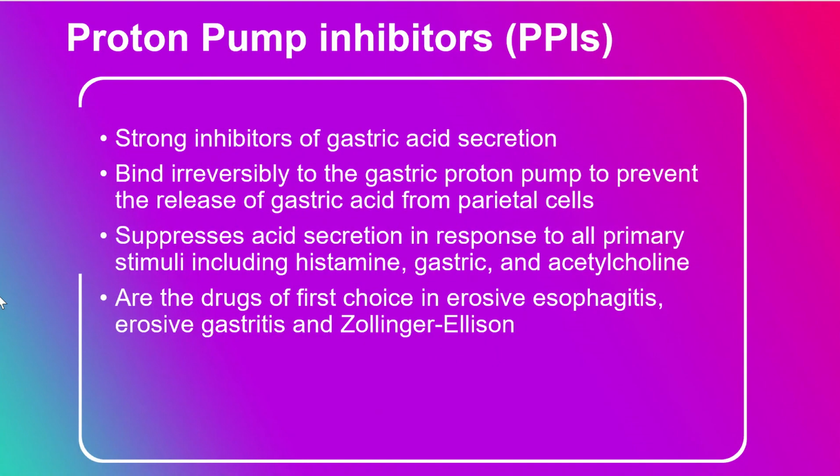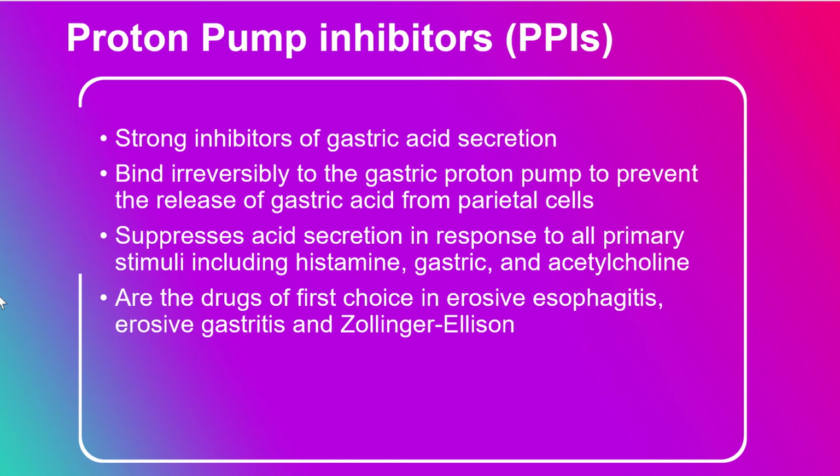All right, so let's talk a little about proton pump inhibitors, PPIs for short. So they are strong inhibitors of gastric acid secretion, as the name suggests, proton pump inhibitor. They bind irreversibly to the gastric proton pump to prevent the release of gastric acid from parietal cells.